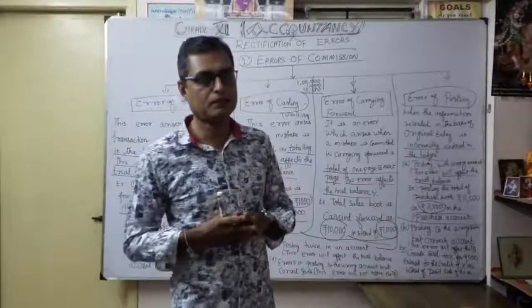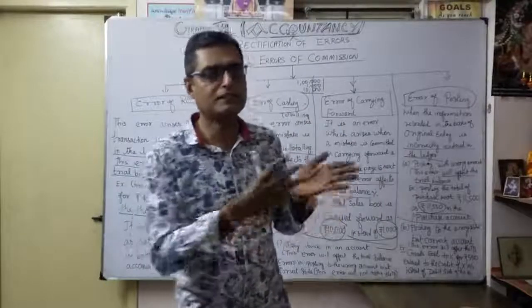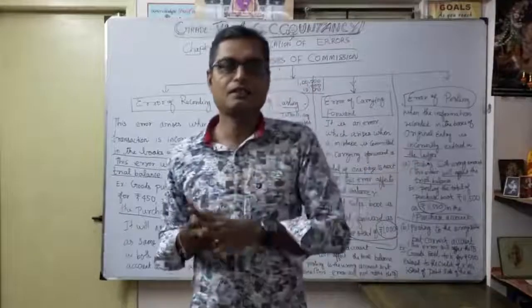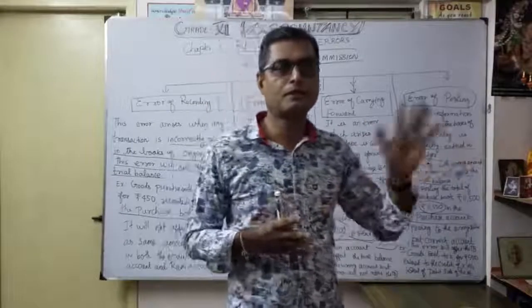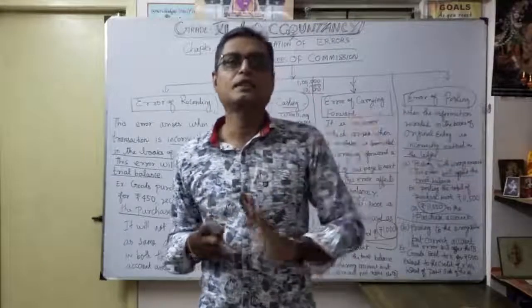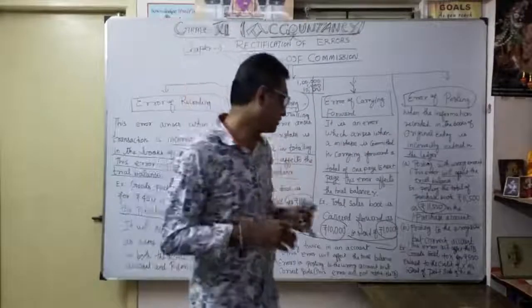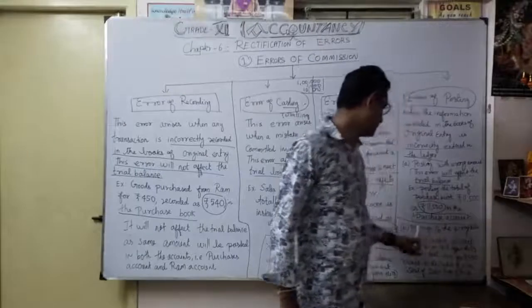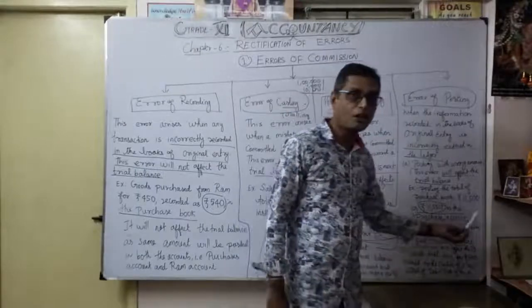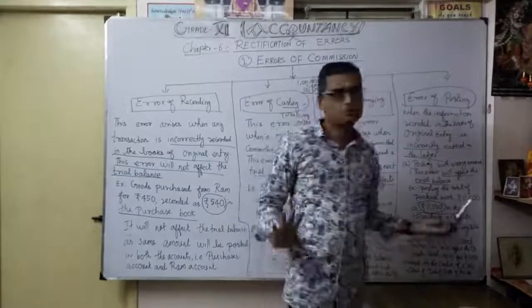X is an asset, and in the X ledger account we want to make it a debit. But we gave it on the credit side of this account. So naturally the side is wrong, the amount is correct, whatever this amount of 550. Understood. That's the second one, posting on the wrong side but with the correct amount.